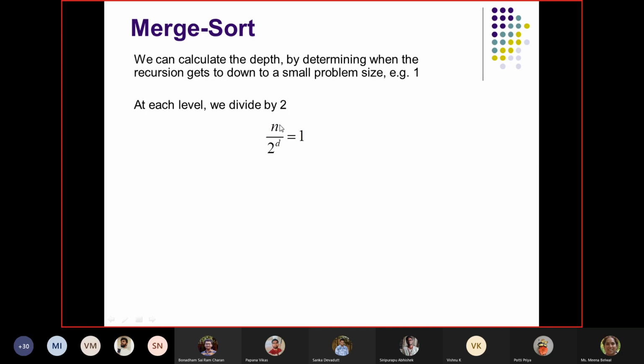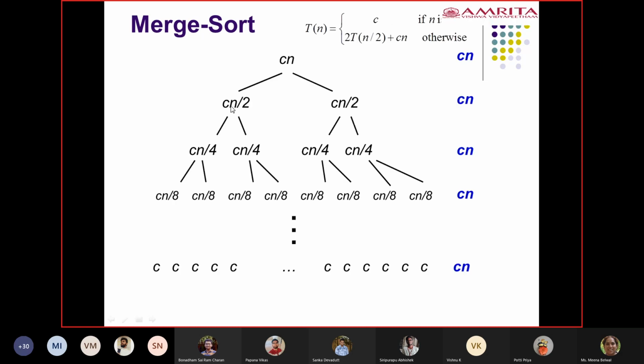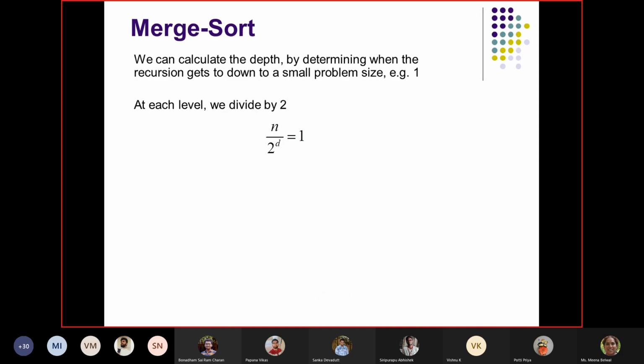First level we did n divided by 2, D is 1. Next level we did n divided by 4, which is 2 to the power of 2. Next time we are doing 2 to the power of 3, and 3 is the depth, right? So every time we are doing n divided by 2 to the power of the depth, right?